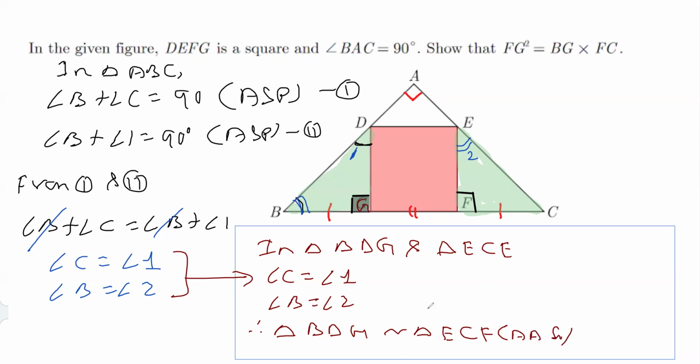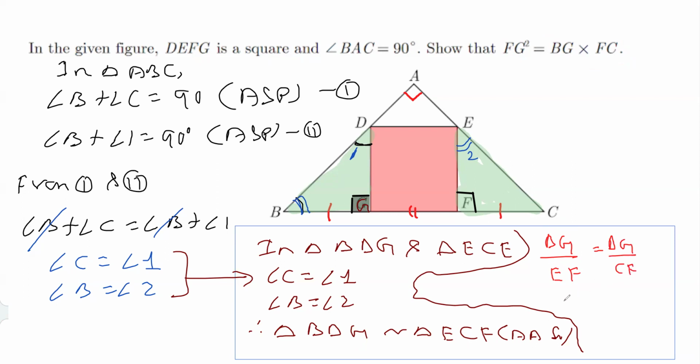Once we have proved the triangles similar, we can write their sides as proportional. BD is not used, as you can see here, so we can take BG. BG over EF should be equal to DG over CF.